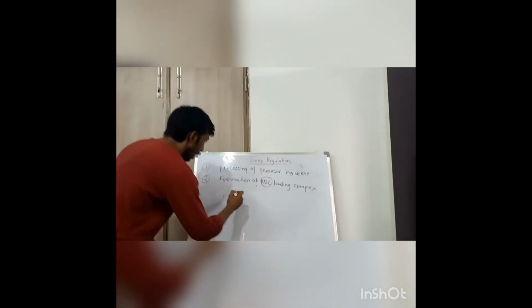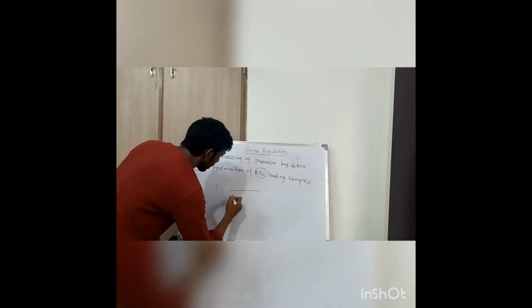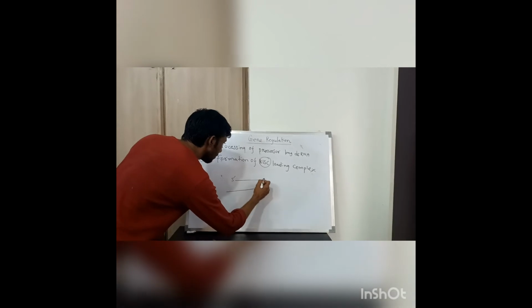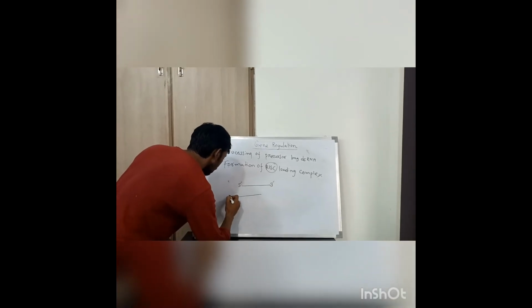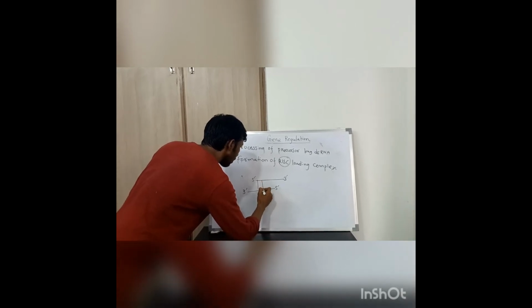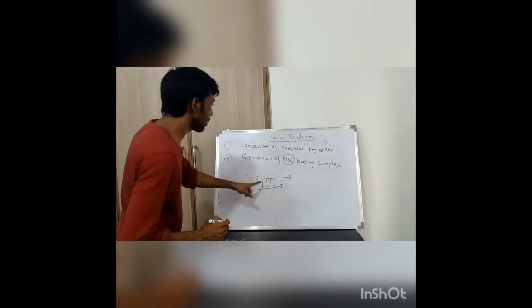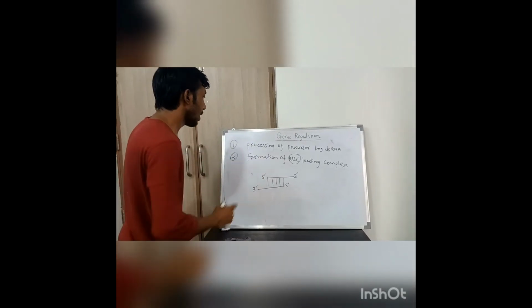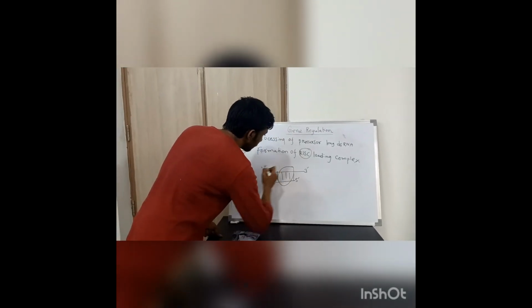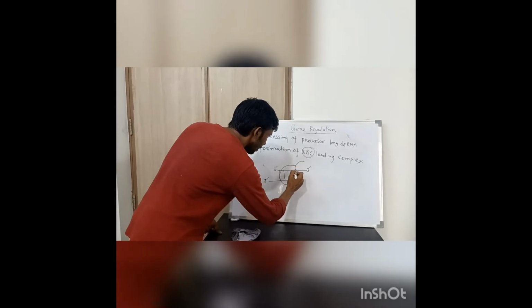So, after the formation of siRNA, that is 5 prime, 3 prime, 3 prime, 5 prime, this is siRNA. Here, the siRNA is already bound by RNA binding protein.